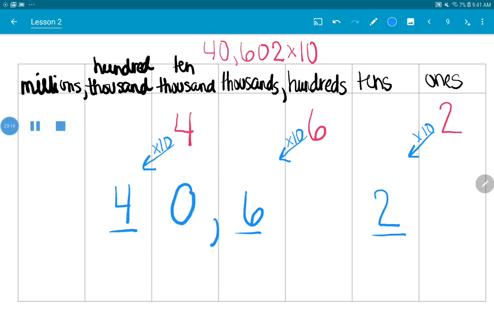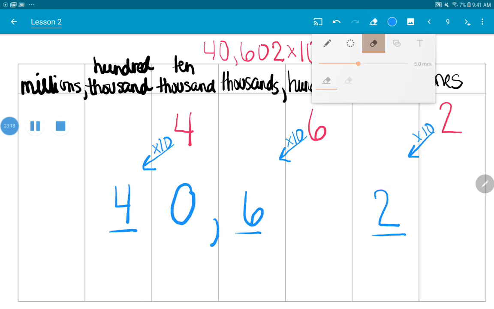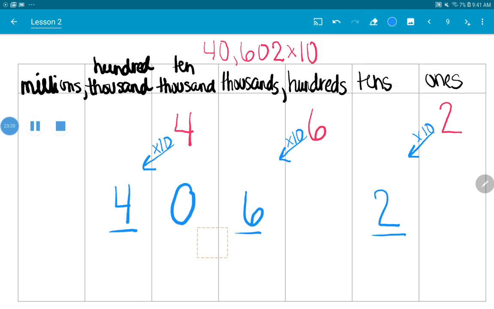So I have 406,000. How many hundreds do I have? 0. I have 2 tens and 0 ones. So 40,602 times 10 equals 406,020.